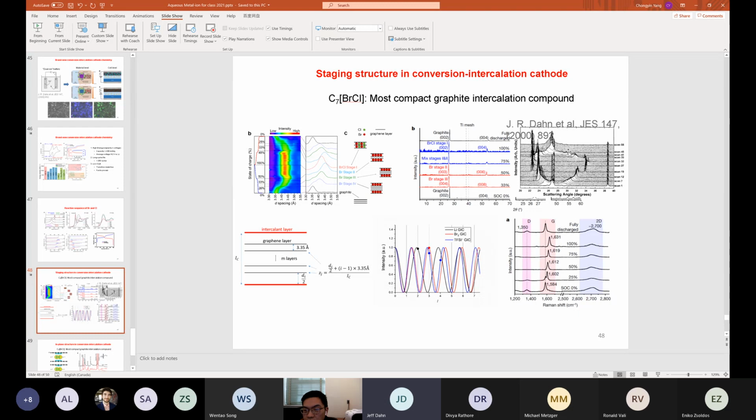That's Jeff's other work, very early work. So I think we need to discuss, maybe after I show this part, we can discuss more details on that. But I can assure you this system is very interesting compared to other alkaline ion intercalation. Okay, thank you.